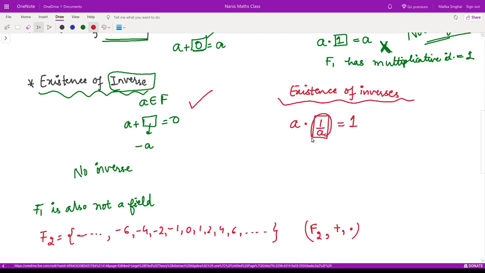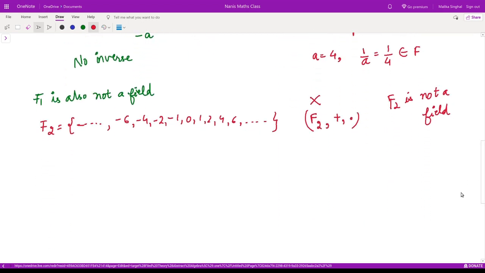So this 1 upon a should be there in our set F. But is it so? If I take the number a to be 4, then 1 upon 4 should be there in F. But this is not the case. So F2 is not a field, right? So what should we do so that we make it a field?